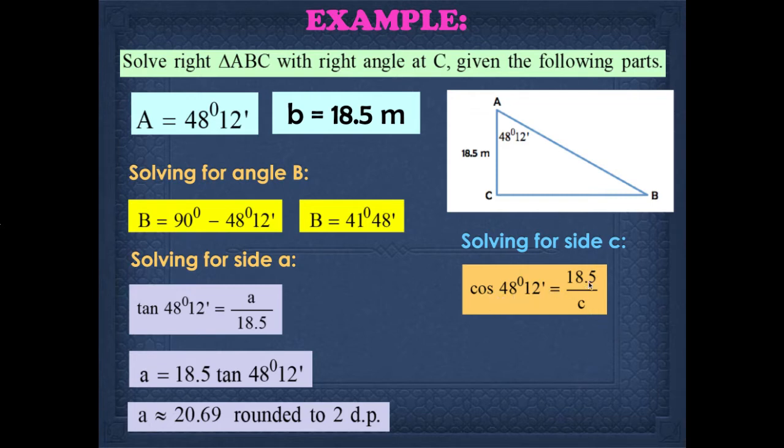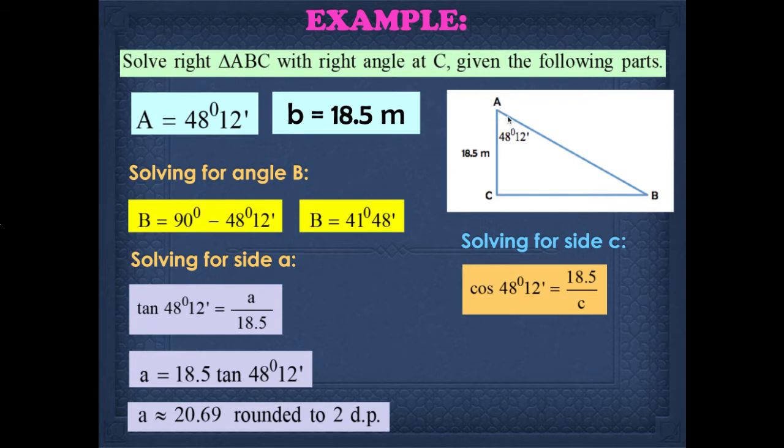Cosine is equal to the adjacent side over the hypotenuse. Here, this is our angle, angle A, 48 degrees 12 minutes. The adjacent side here of angle A is 18.5, this one, side AC.